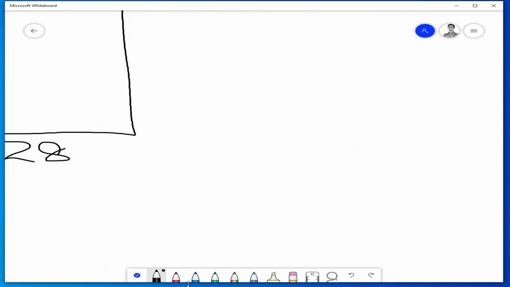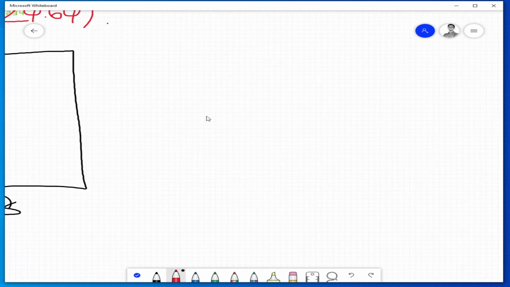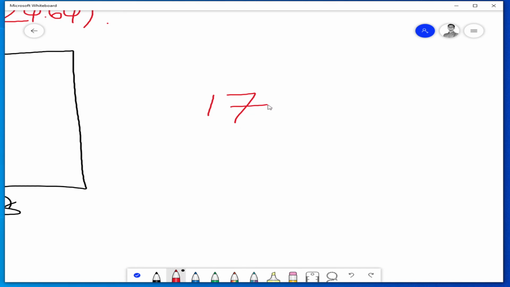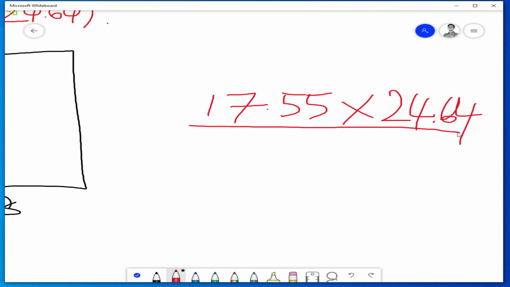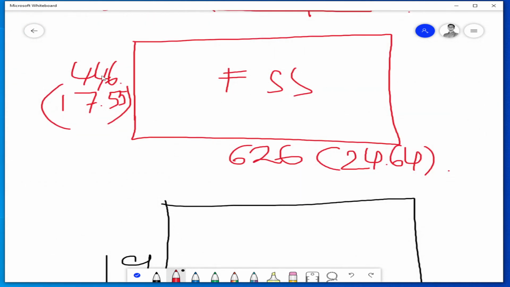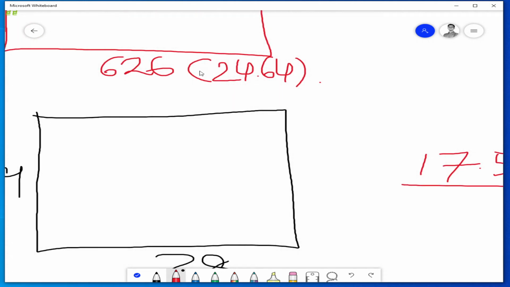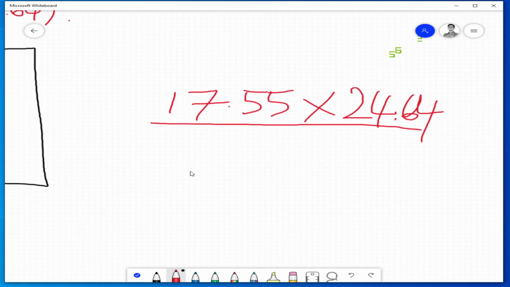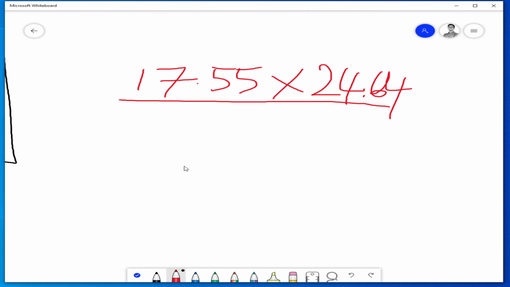Okay, so just now I did mention about the similarities on the calculation. So 17.55, 24. Okay, so 19 by 28.